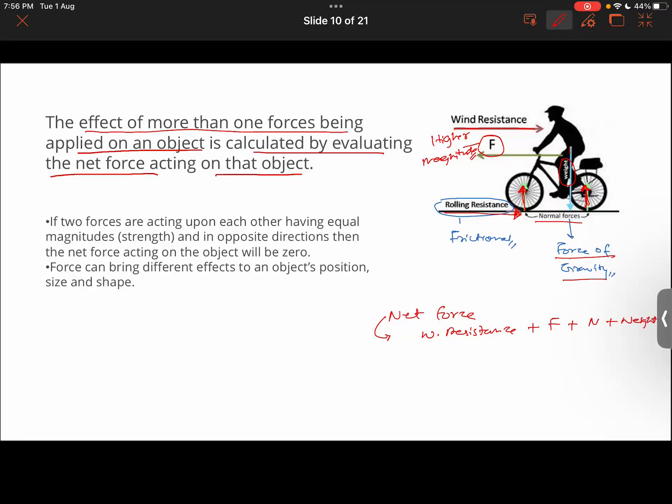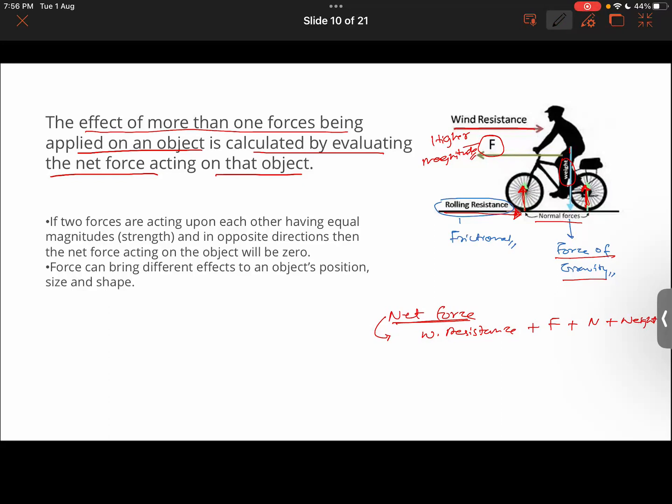That will give me the magnitude of the net force, while the one force with the highest magnitude will show me the direction in which the object will move.